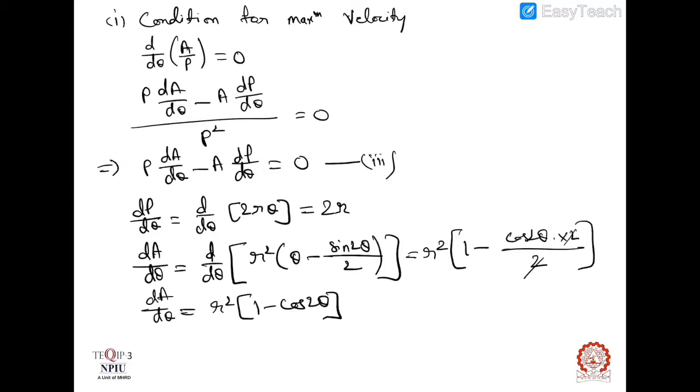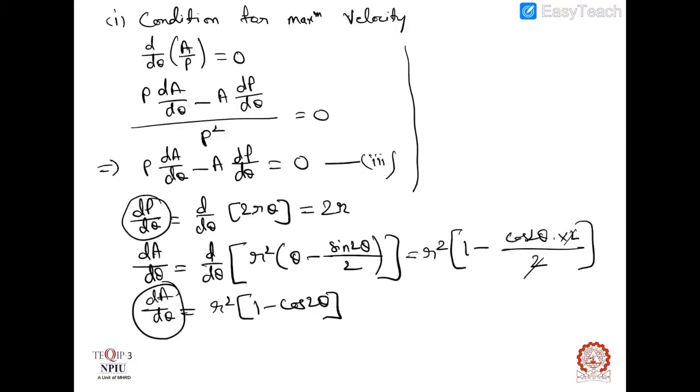So substitute dP upon d theta and dA upon d theta in equation number 3. P dA upon d theta minus A dP upon d theta is equal to 0. So what is P?